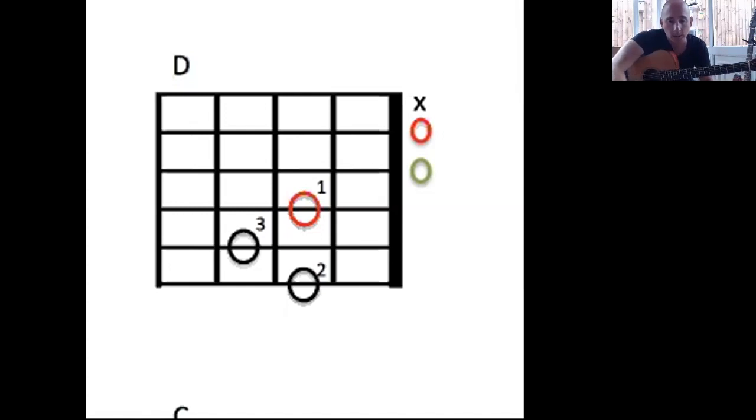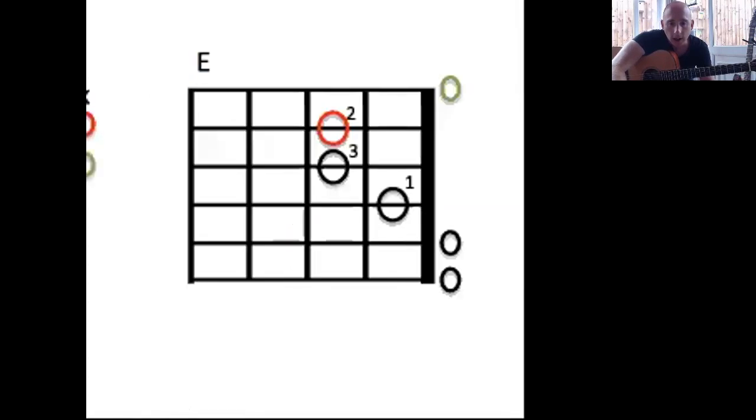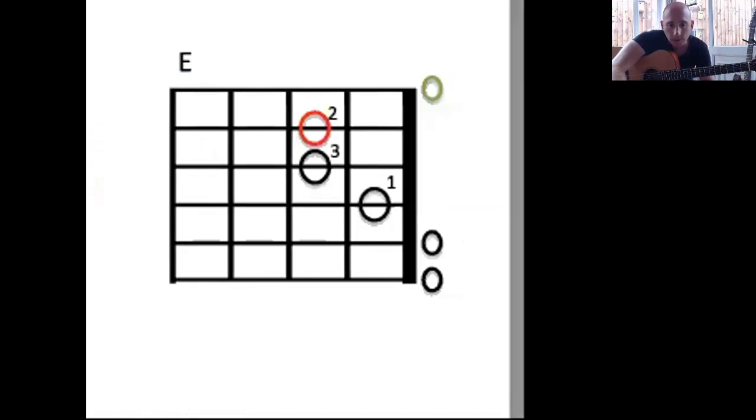Sounds quite nice. Okay, let's go to the E. A lot more simpler. We've only got 1/5 to contend with here. So we do our root on the top string, and our 5th is on the 5th string.